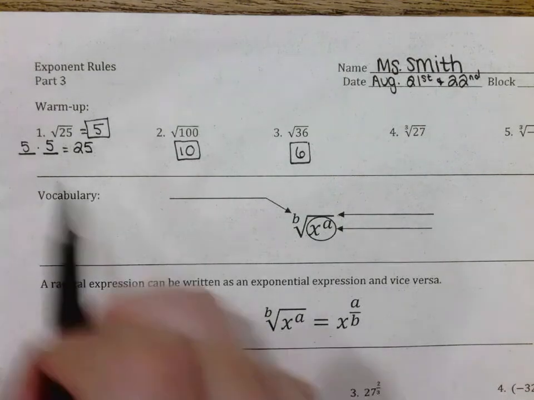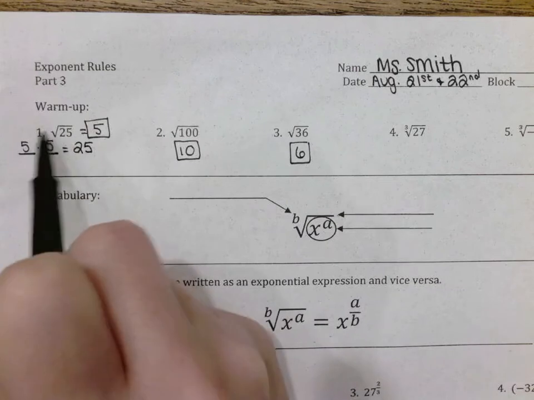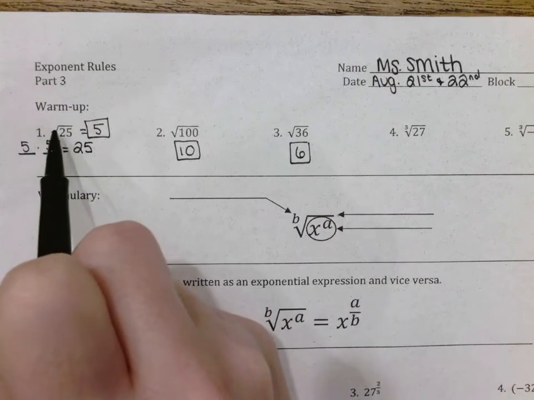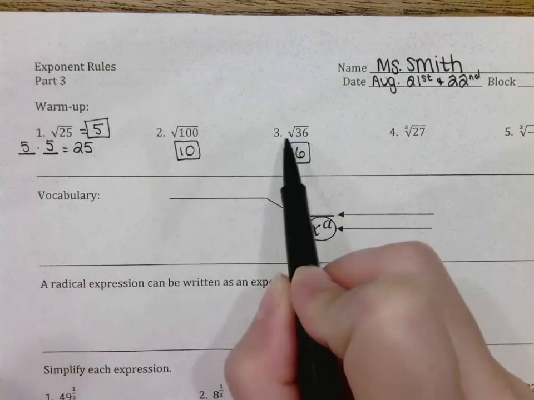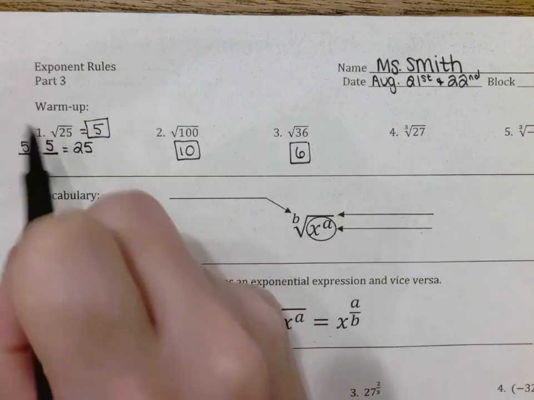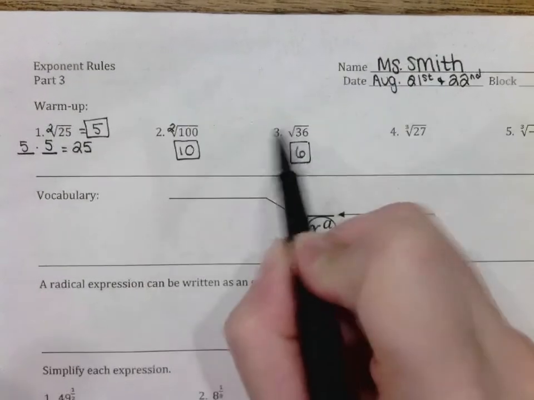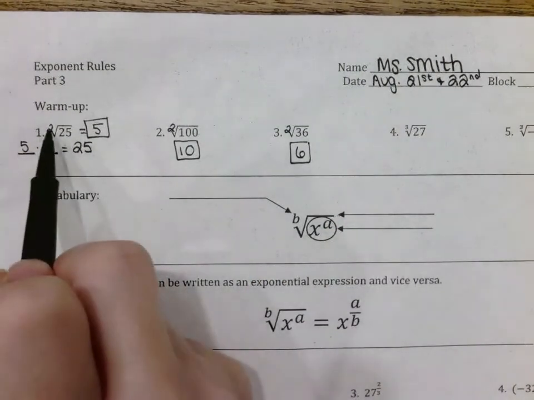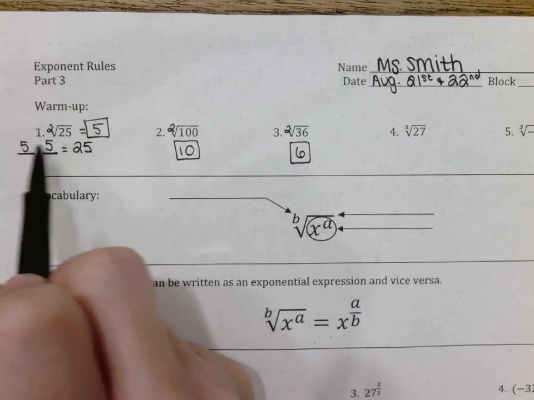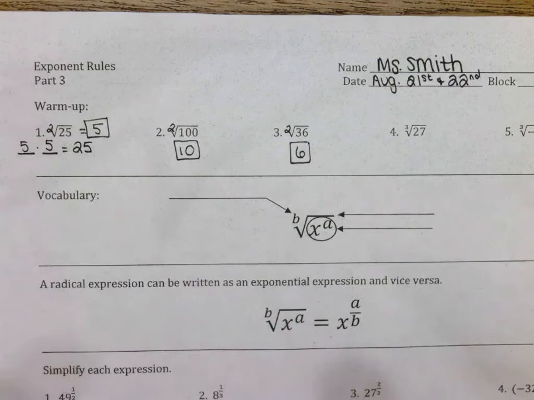And a little known thing here, if we don't see an index, a little number right here or here or here, we always assume it's a 2. So you may even want to just write that in there whenever you don't see a little number there. That's because there's two numbers that are going to multiply to get us this one. Two blank spots, you can think.